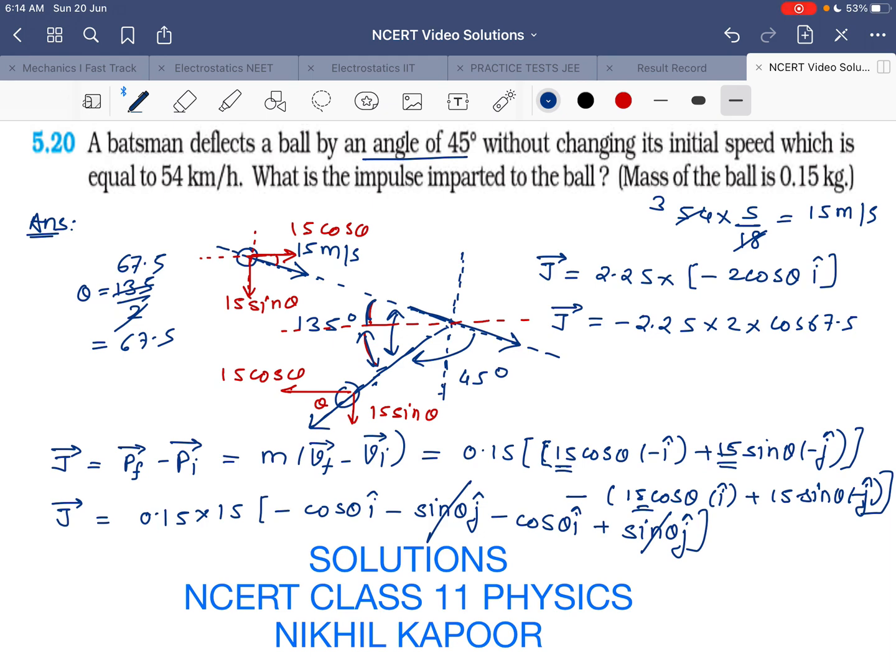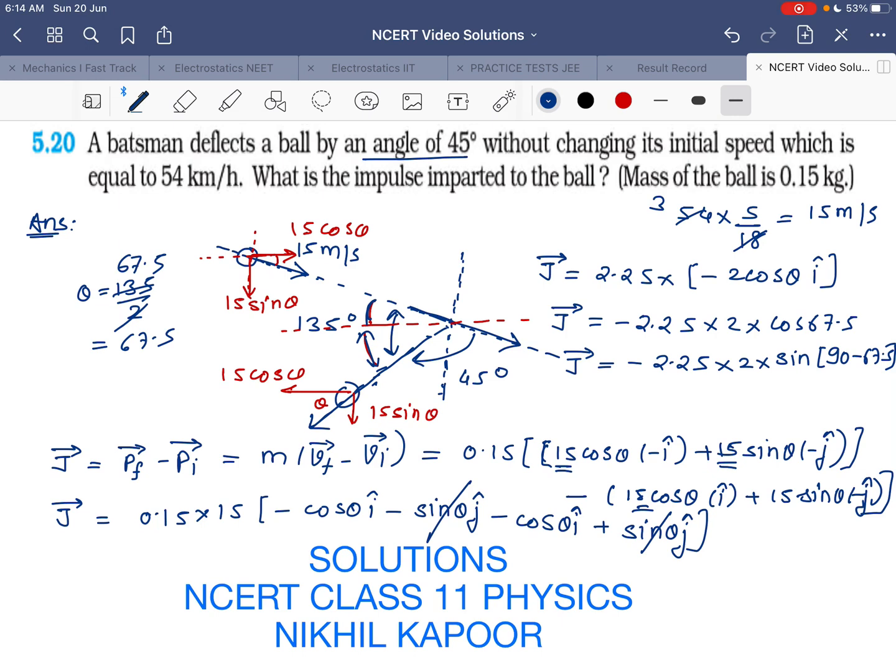So I can write the impulse as minus 2.25 into 2 into cos of 67.5 i cap. Since sin of 90 minus theta can be written as cos theta, I can write sin of 90 minus 67.5.